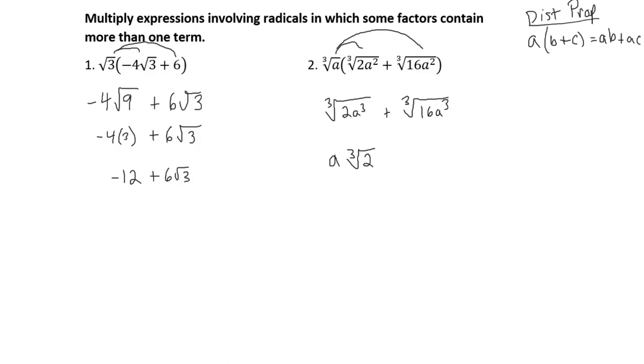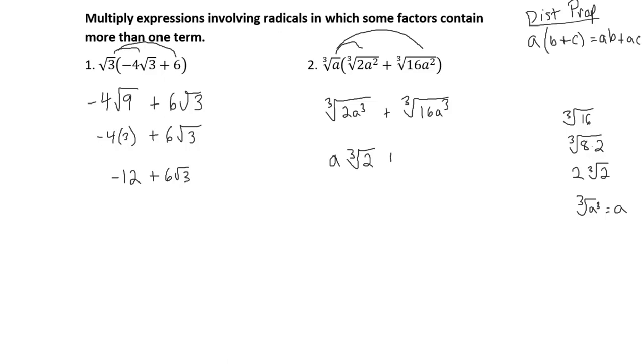As we look at the 16, the cube root of 16 is 8 times 2, so it becomes 2 cube root of 2. And we already know the a to the third is just going to equal a.